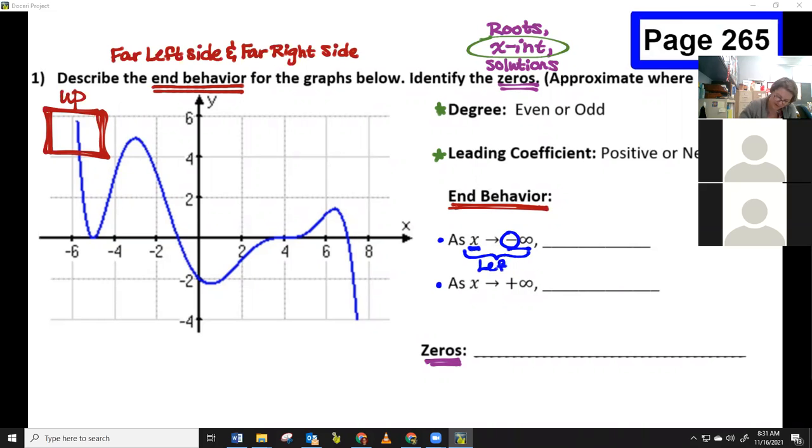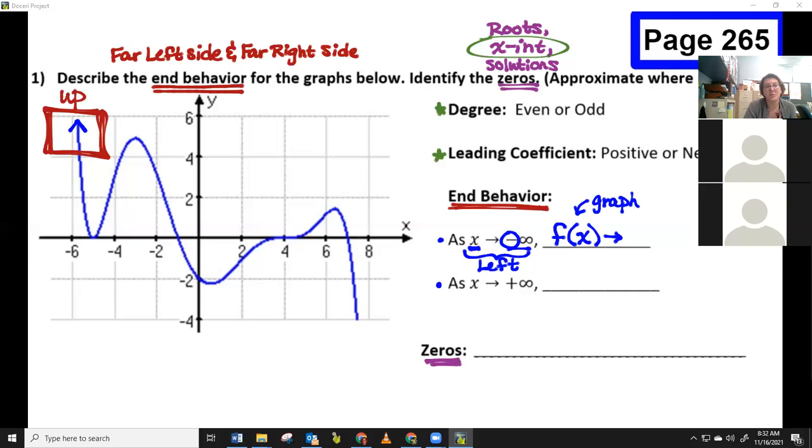And what did you guys tell me the left end was doing? Going up or going down? Up. The way I explain what the graph is doing, here's what I'm going to write on this line. I use function notation so that everybody knows I'm talking about the graph now. So I'm going to say f of x, that means my graph. And then I use an arrow here too.